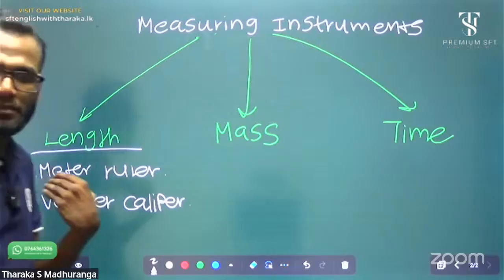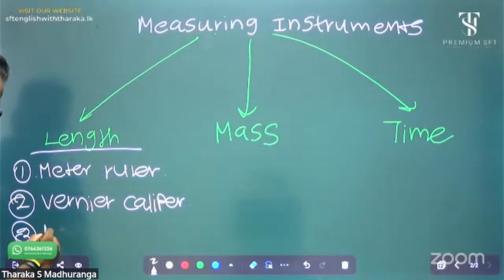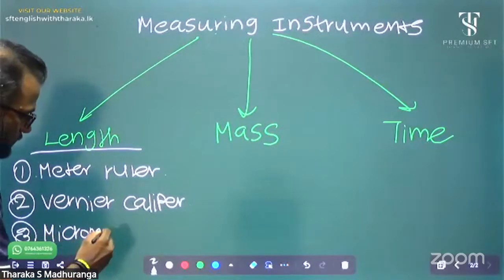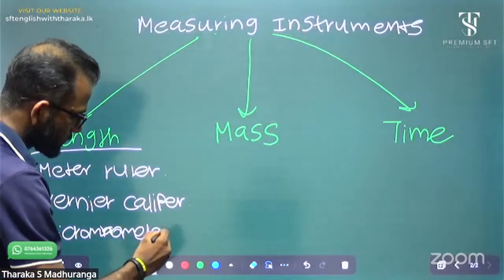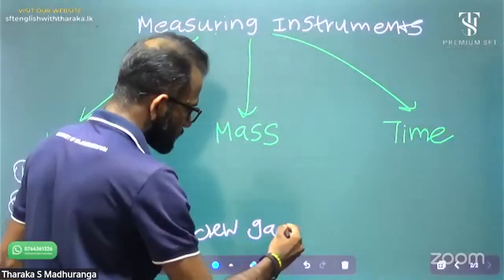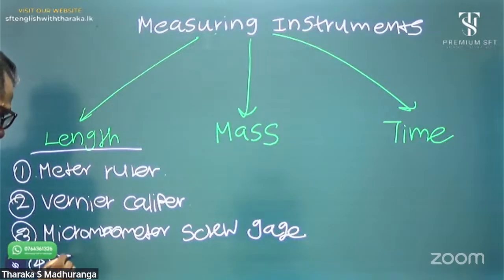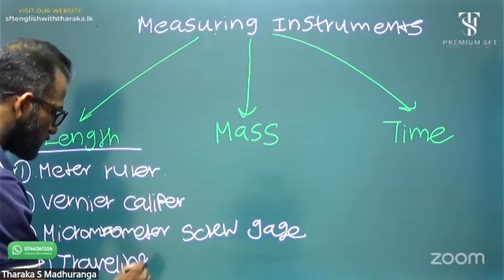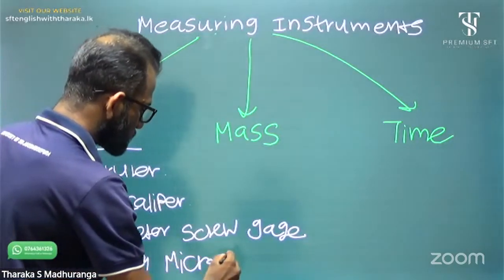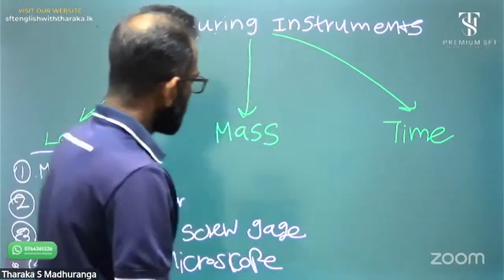Third one, micrometer screw gauge. This is our lesson today. The final one is the traveling microscope, our next week's lesson.